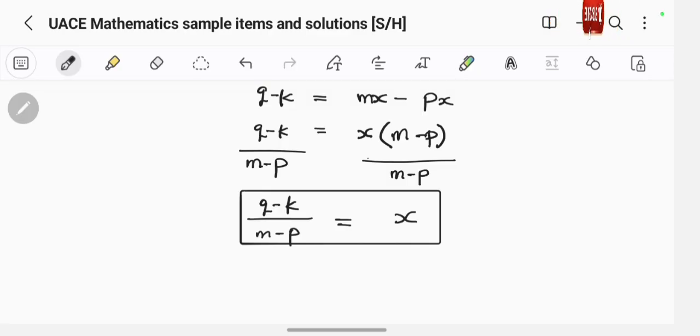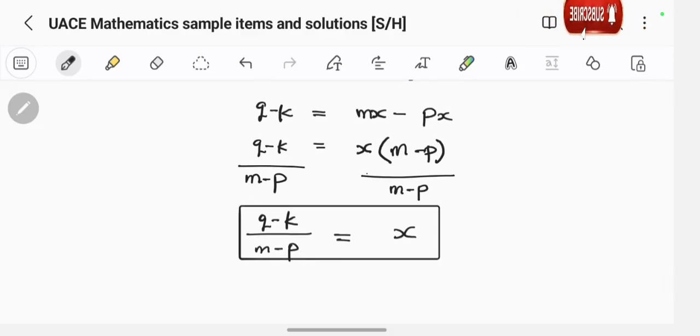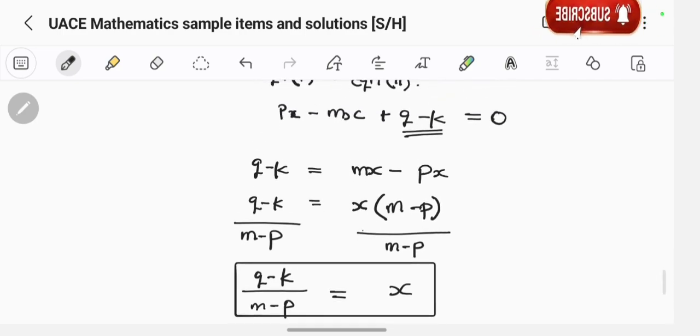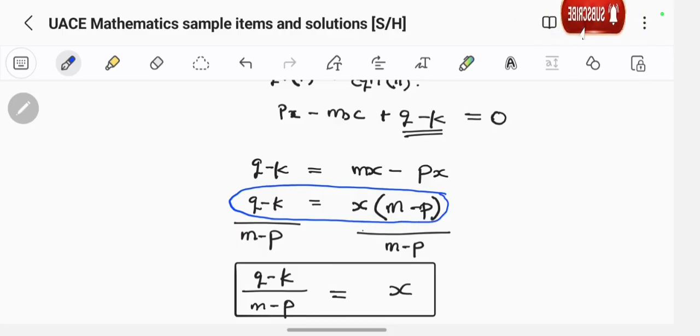Then we move on to the next part, which is I'm going to extract this part here. I'm going to extract out this moment when I had not yet divided.